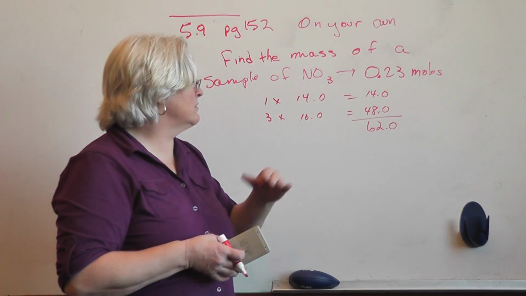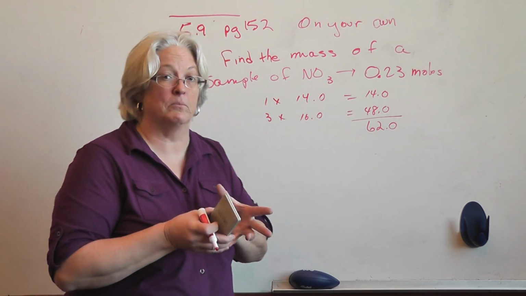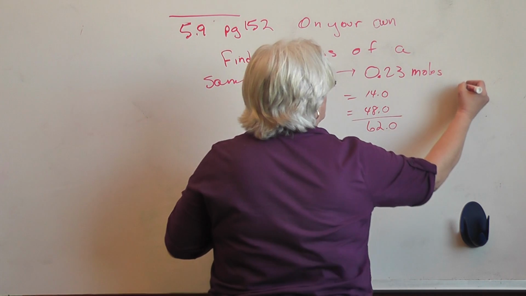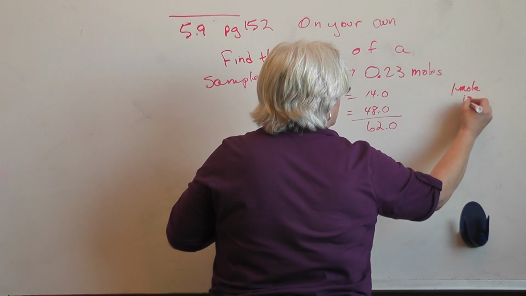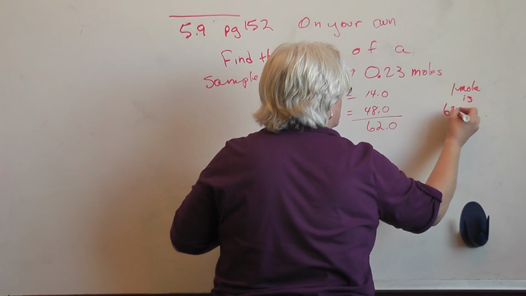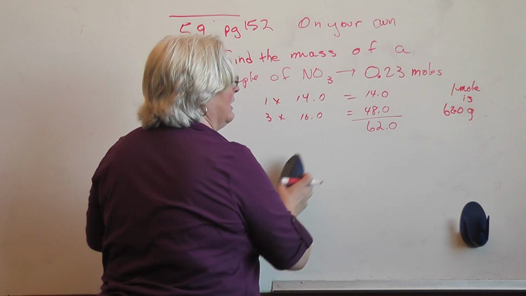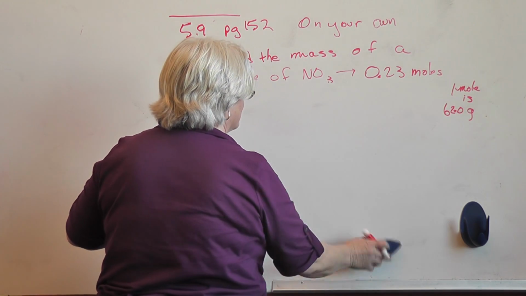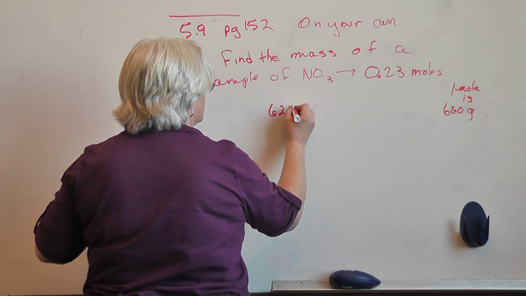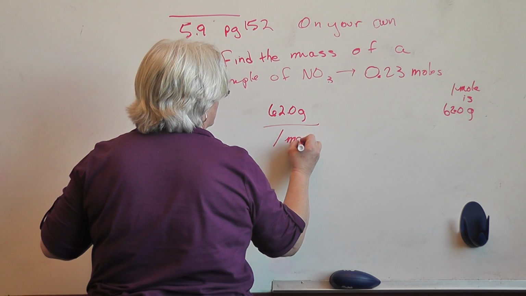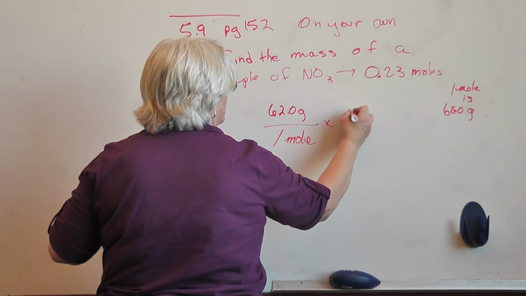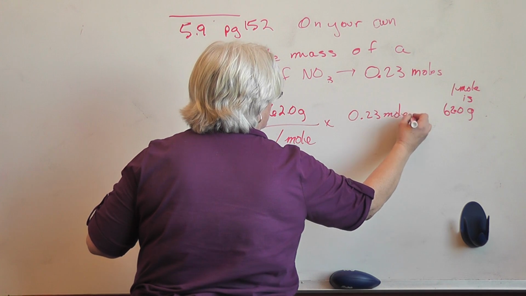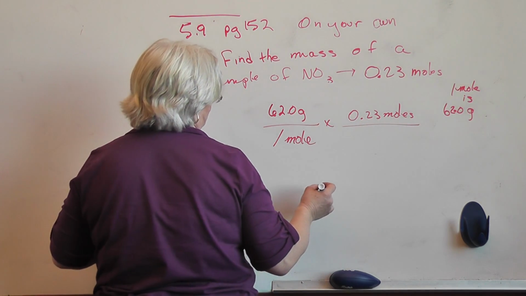So if we take 62.0 grams, that's going to be the mass in grams that we need for 1 mole of NO3. Okay? 1 mole is 62.0 grams. Now we're going to go ahead and erase this. If 62.0 grams of NO3 is 1 mole, then how much is 0.23 moles of NO3?